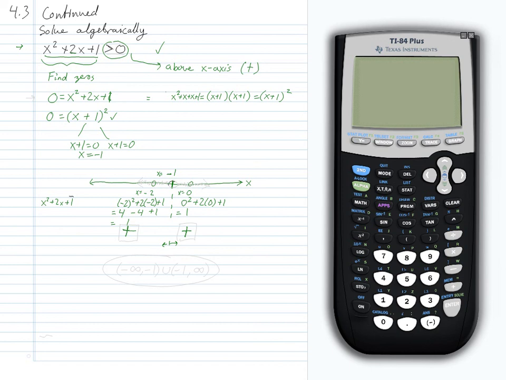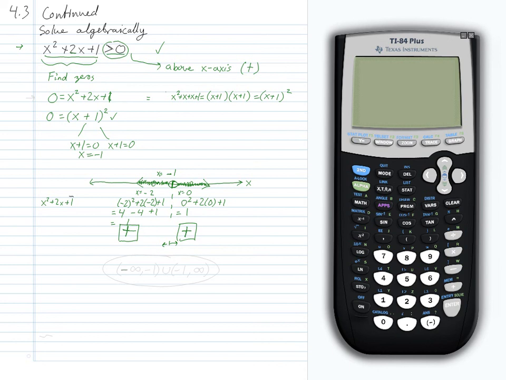So our solution won't include that x value, but everywhere to the left and to the right, we have exactly the conditions that we're hoping for. So everywhere to the left and to the right of -1, our quadratic evaluates as being positive, which is what we are shooting for.